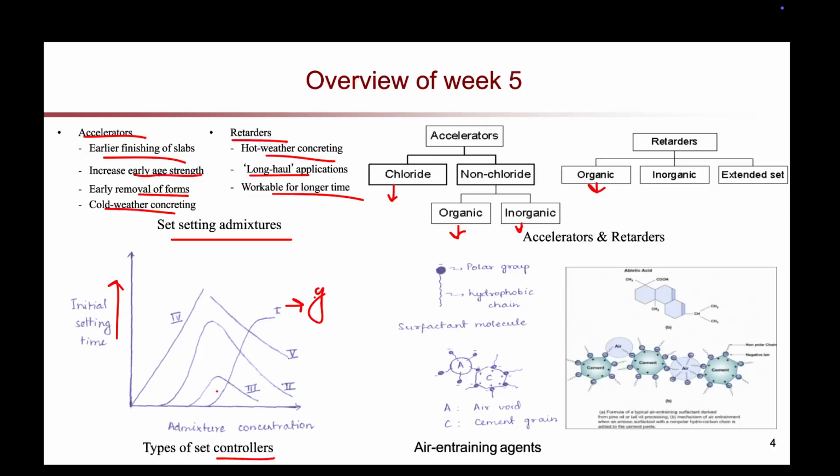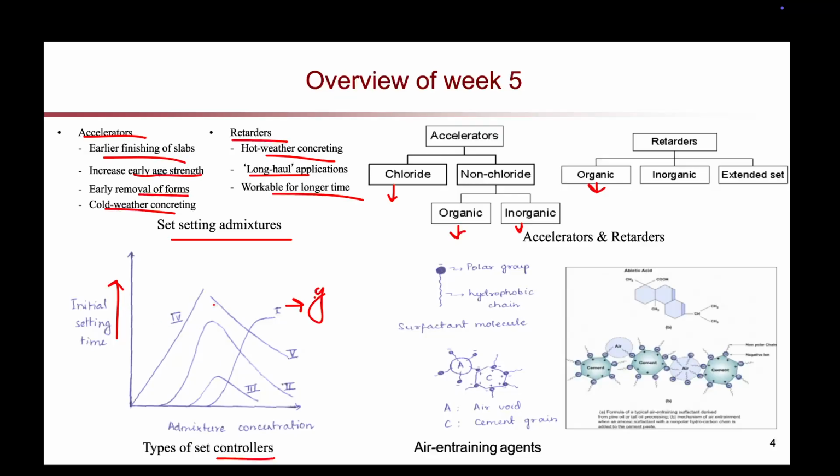Then the third type is almost similar to the second one, but its initial setting time is very low as compared to the second one. In this case again we are using inorganic materials like potassium or sodium carbonates, sodium silicates. Type 4 is a linear relation between admixture concentration and initial setting time. Examples for this type are lignosulfonates, the one we have already studied before, and some sodium salts of carboxylic acid.